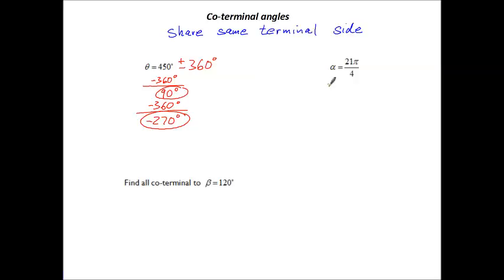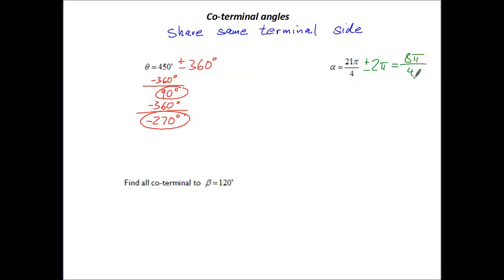We're going to add or subtract a whole circle measured in pi, and that would be plus or minus 2 pi. Remember, that's a whole circle. Now, to make things easier on us, we're going to convert 2 pi into a fraction with a denominator of 4. So that would be 8 pi over 4.